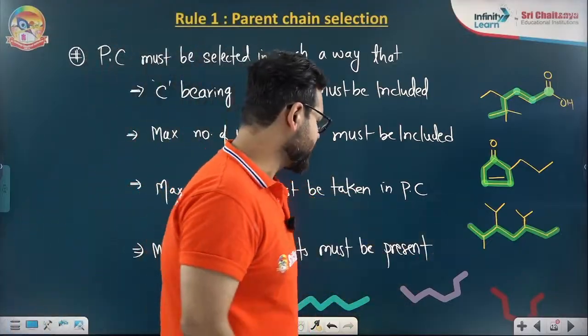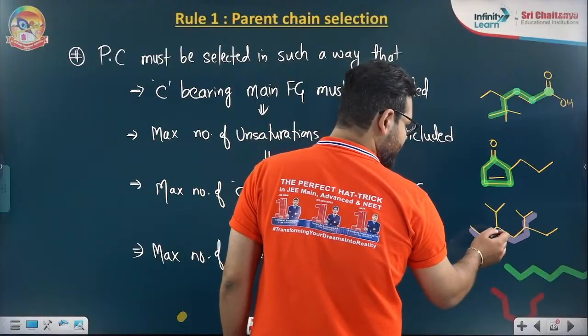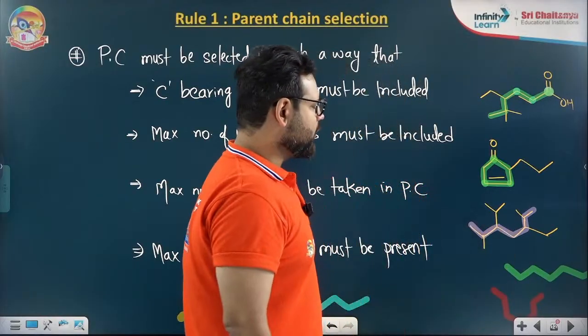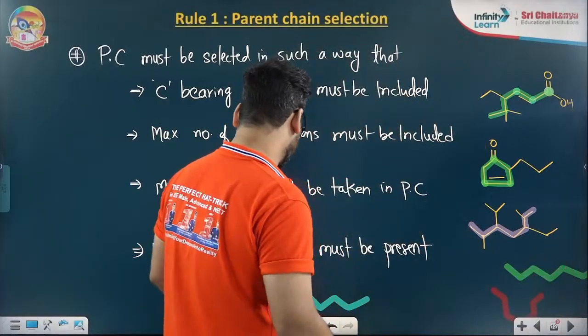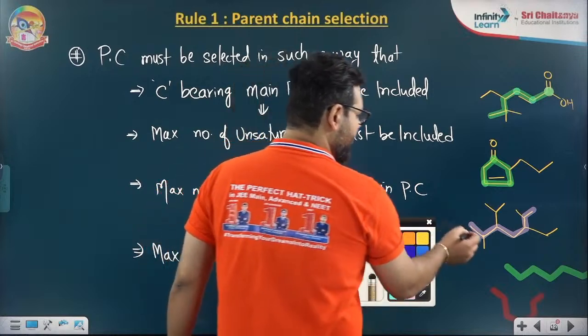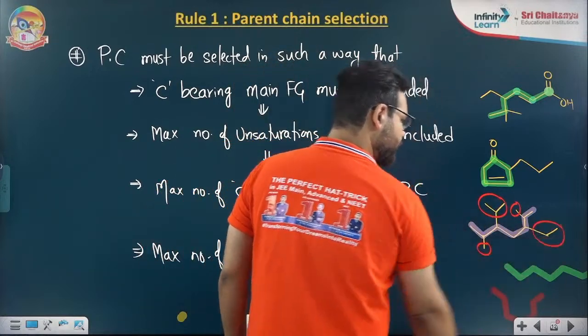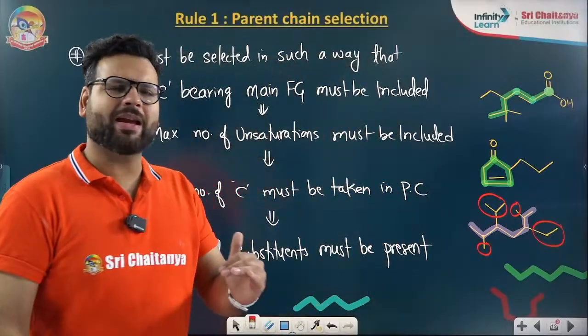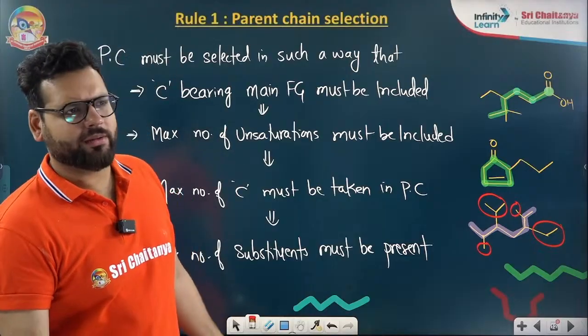But 3 substituents are there. If I leave the green but I take the pink one, in the pink one, substituents are 1, 2, 3. Again, 4 substituents are there. 1, 2, 3, 4. 4 substituents. So, pink better than green.